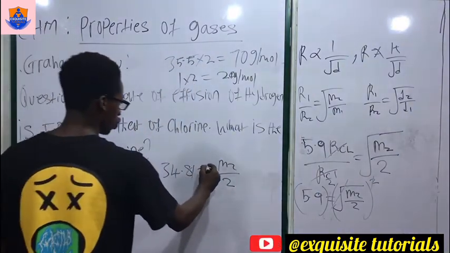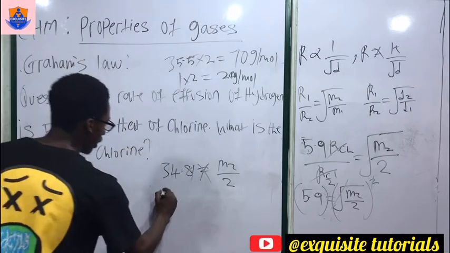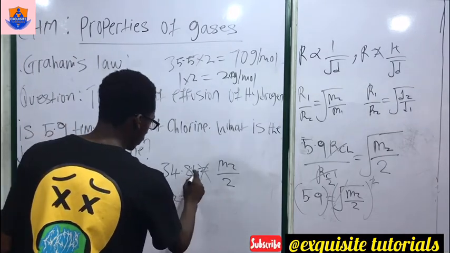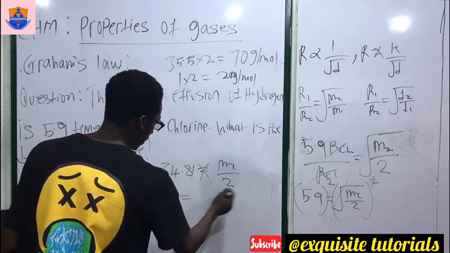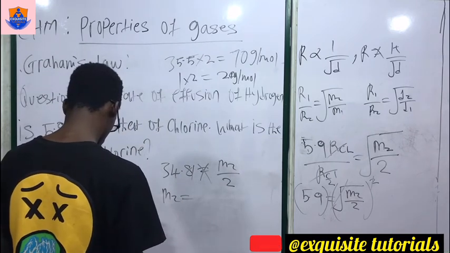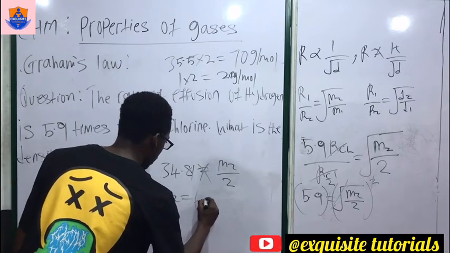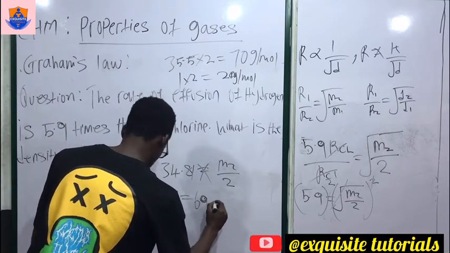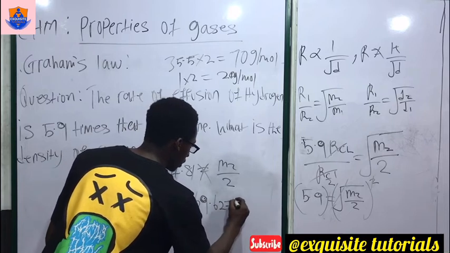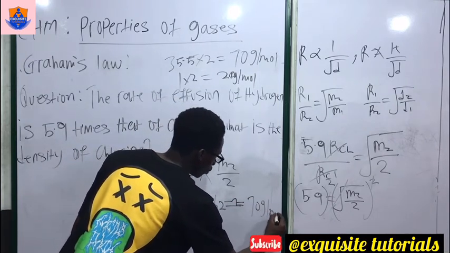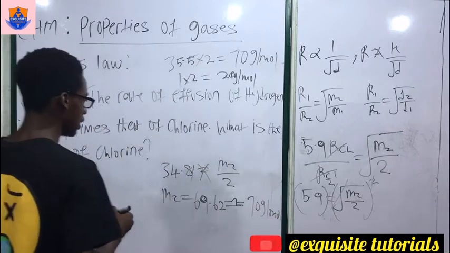So now let's cross multiply. We have M2 will be equal to 34.81 times 2, which is 69.62, which is approximately 70 grams per mole. Now this is the mass of chlorine.